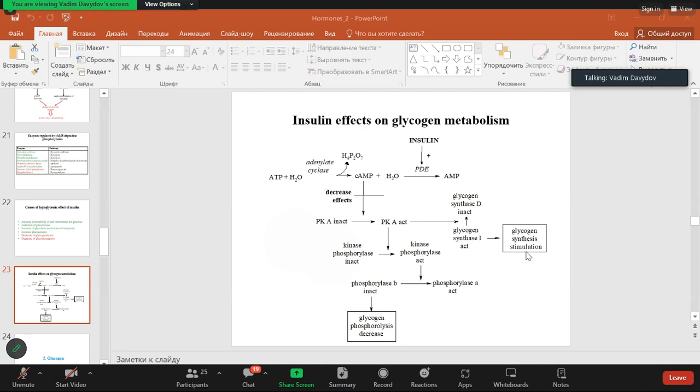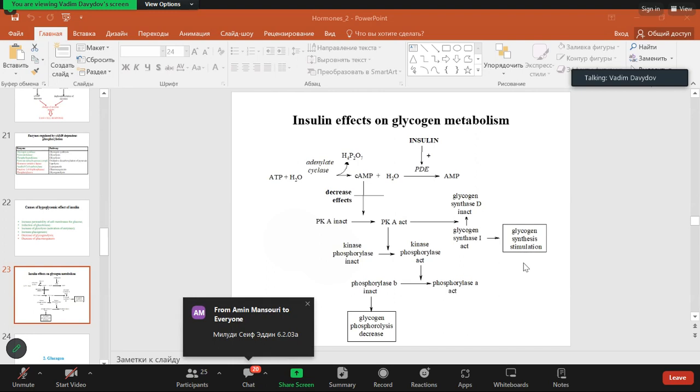Moreover, it takes part in activation of sodium-potassium ATPase, which leads to hyperpolarization of certain tissues, for example myocardium, and so forth. So, in other words, the effects of insulin are very plentiful.